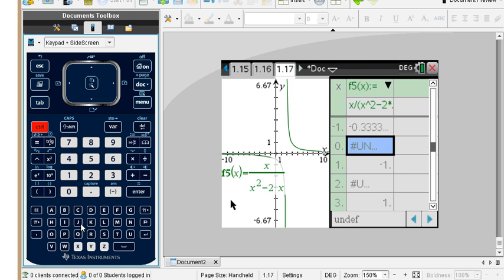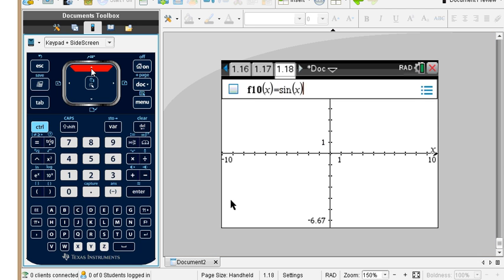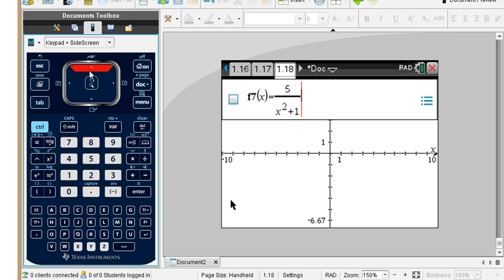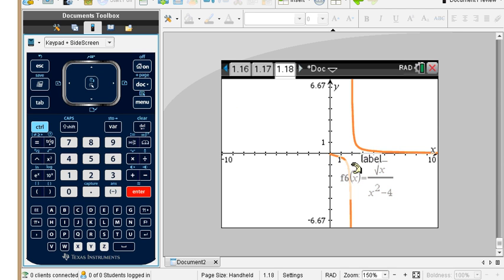Control I. And go up here. There's answer choice A. We can see a vertical asymptote at x equals 2. So that is not a right answer.